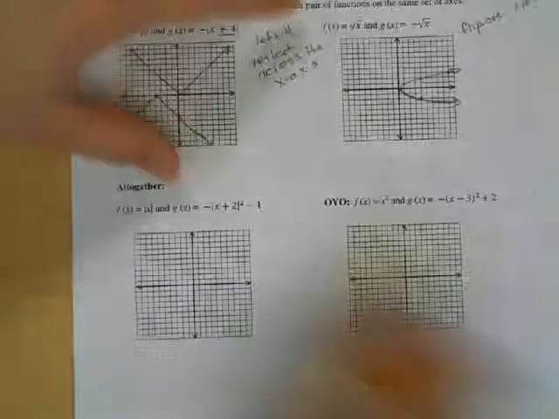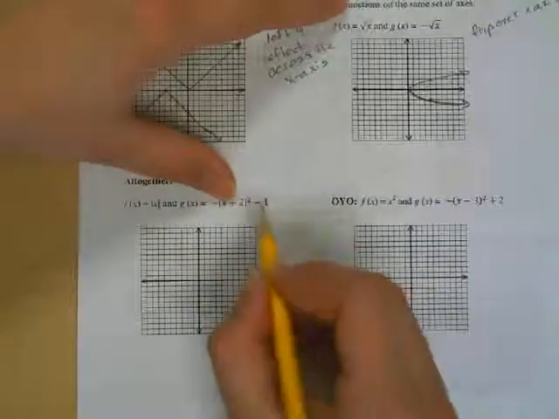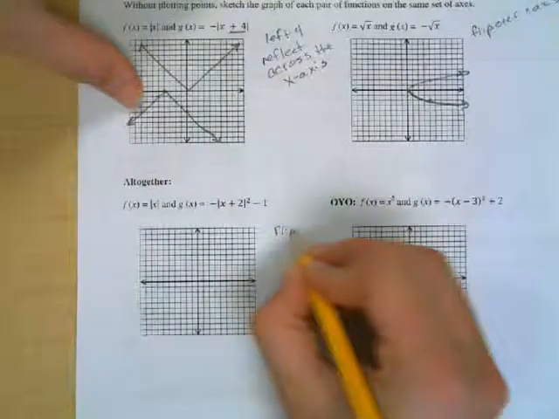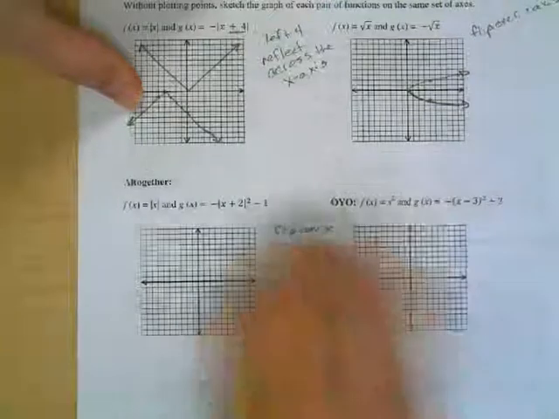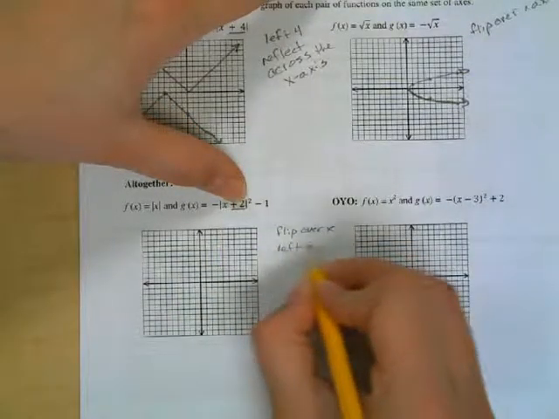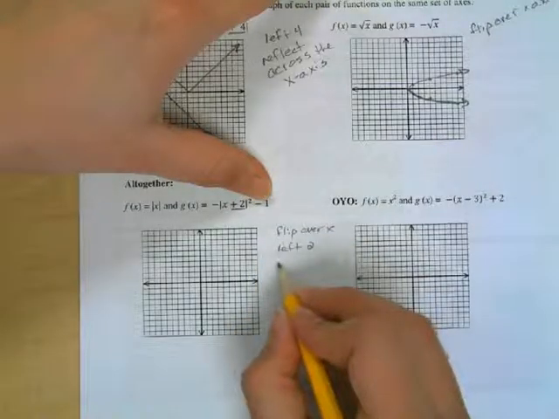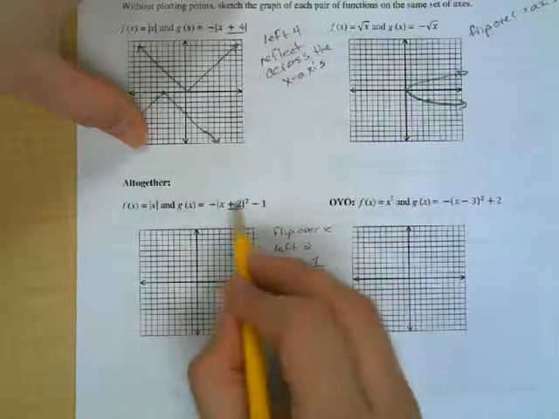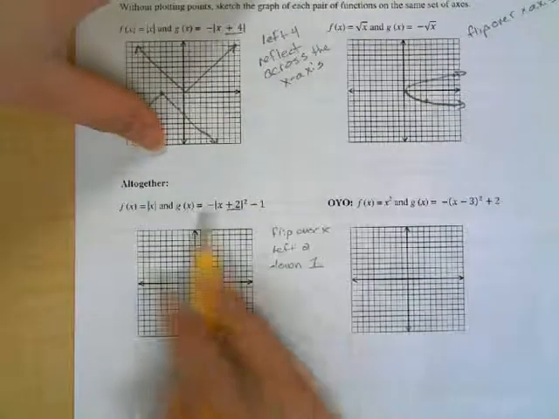Okay, so starting with this one, I've got that negative up front says flip. Okay, then positive 2 inside means left 2, and the negative 1 outside means down 1. Okay, you have to know all of these rules. Inside is left and right, outside is up and down, the negative out front flips.